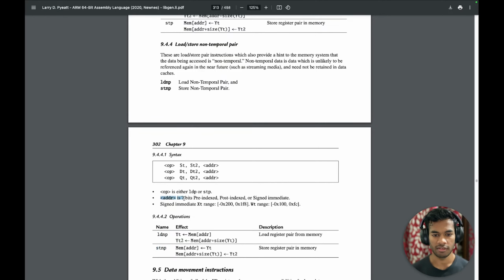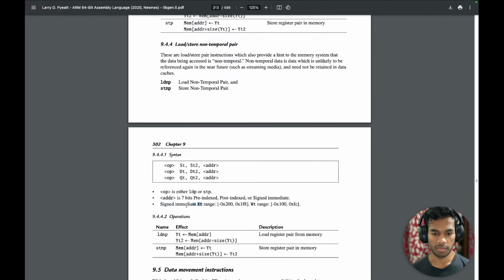And then address is a 7-bit pre-indexed, post-indexed, signed immediate. Value of a memory location is stored in a register. Signed immediate XT range.